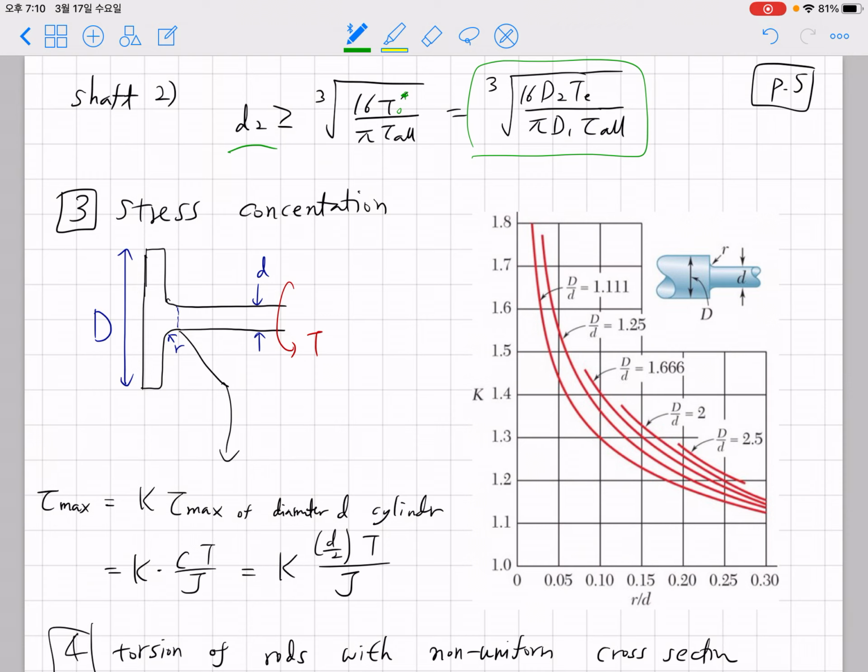Okay, so if you want to exert higher torque, our equation says that we have to use a thicker shaft, which is consistent with our intuition, right? So with that, we just solved one example problem in power transmission and torque transmission, plus structural design.